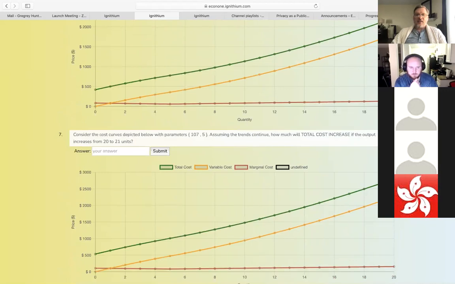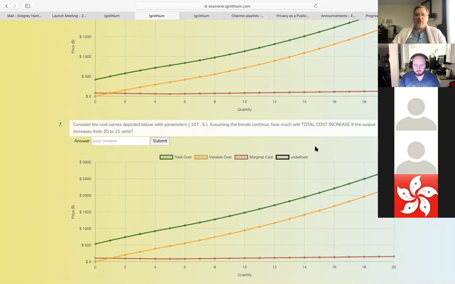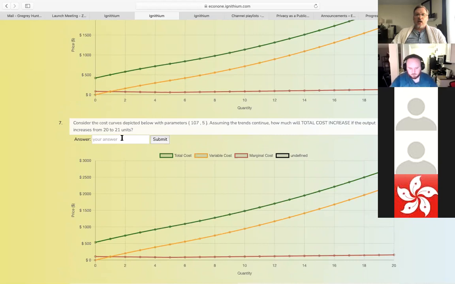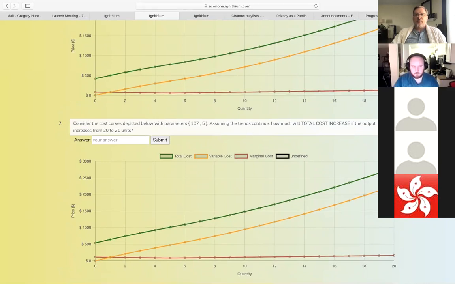And it says here, number 7 is assuming trends continue, how much will total cost increase if the output increases from 20 to 21? Okay, well, so here you're asked to like recognize a trend, and it stops at 20, right? And we have the total cost curve here.